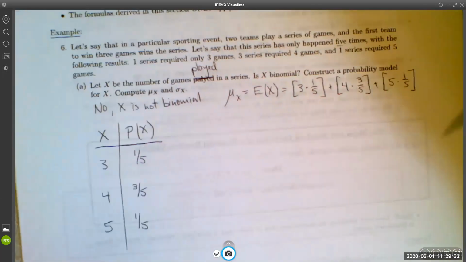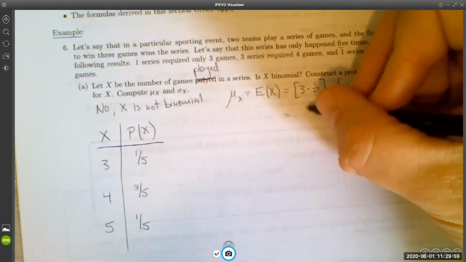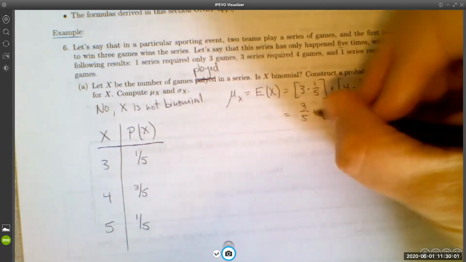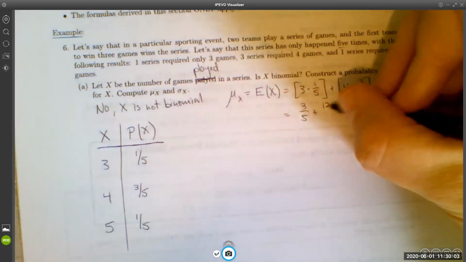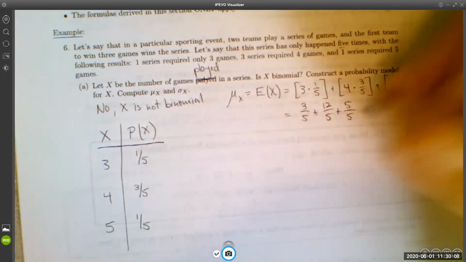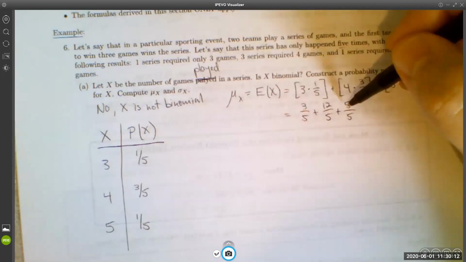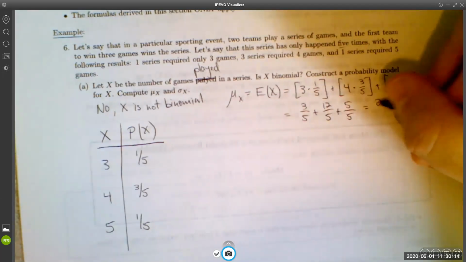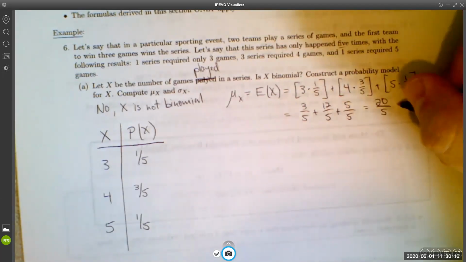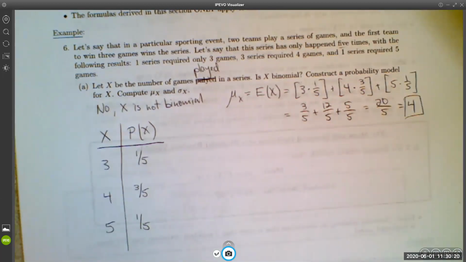So we just need to work out the arithmetic here. So this is 3/5 plus 12/5 plus 5/5. That comes out to 20/5, or in other words, 4. Okay, so there's the mean.